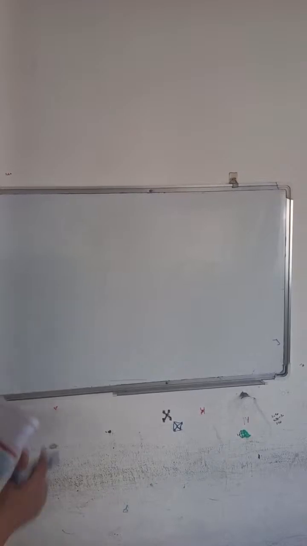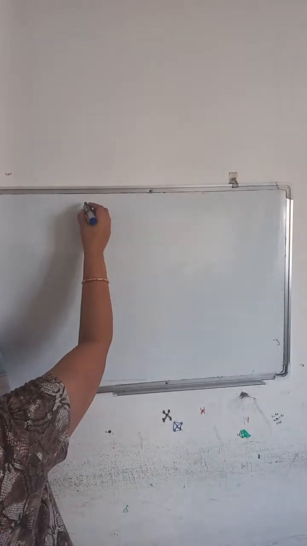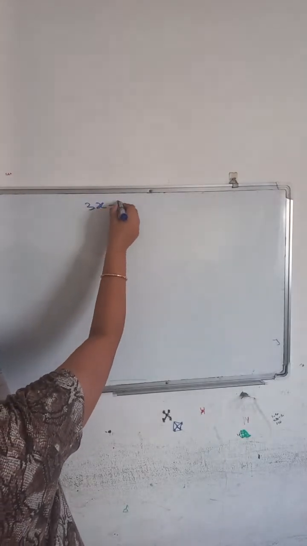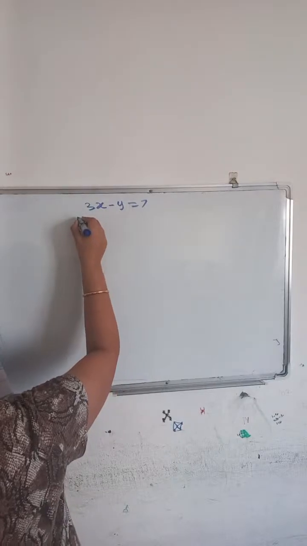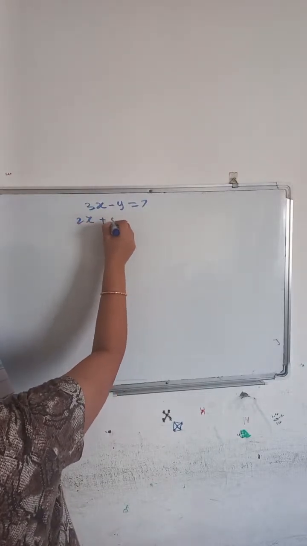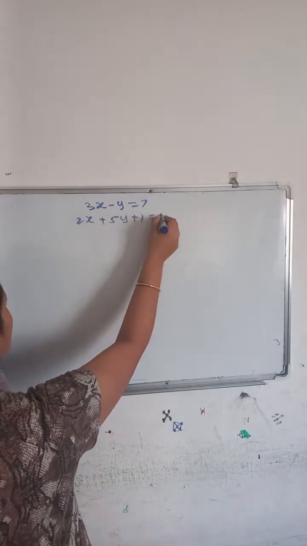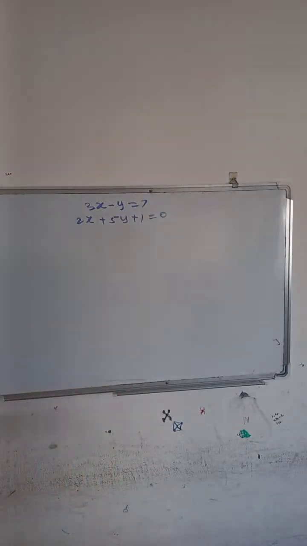So here first I will write the equation: 3x minus y is equal to 7 and 2x plus 5y plus 1 is equal to 0 has first, unique solution, second, infinitely many solutions, third, no solution.